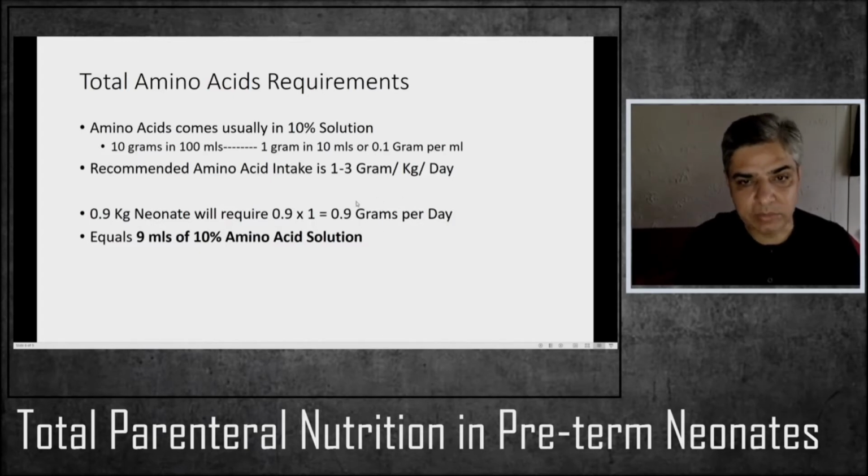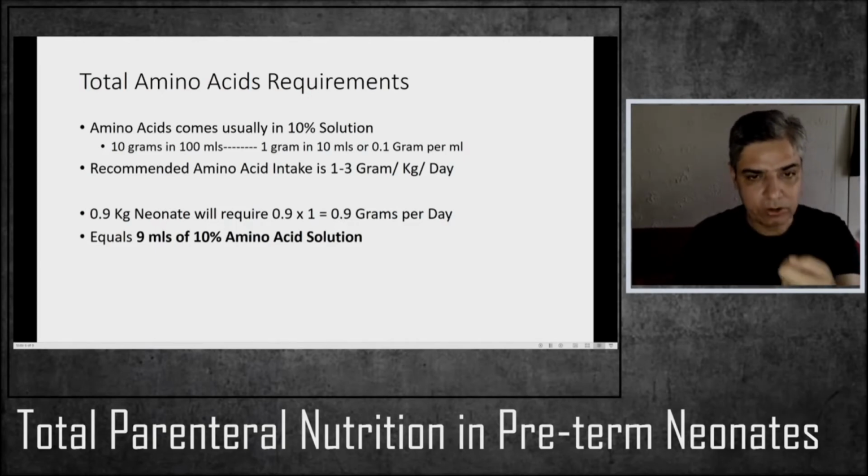Now this is in grams. As I told you, 1 gram is present in 10 mils of solution. So 0.9 grams of the amino acid would be present in 9 mils. Because in the end you would be drawing the solution and then putting it in the total infusion, whatever calculations you make in grams, you have to calculate in volume.